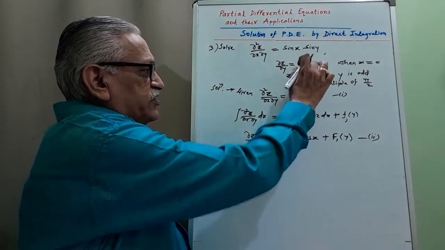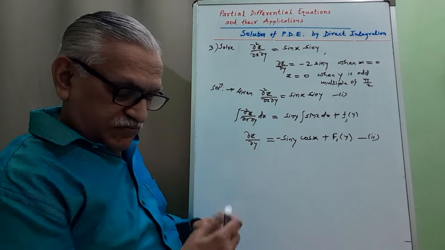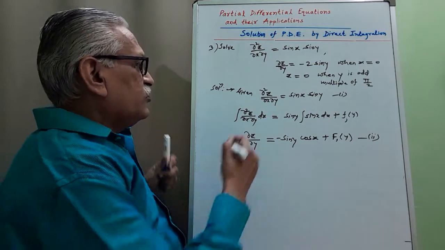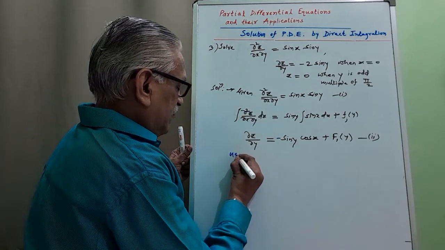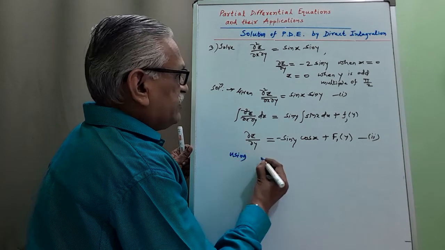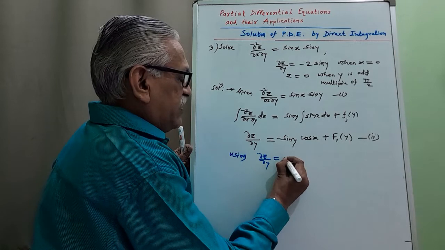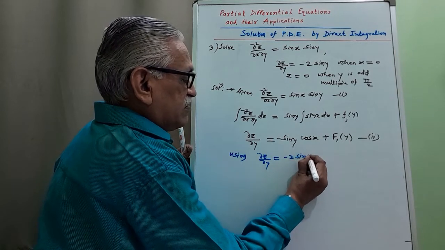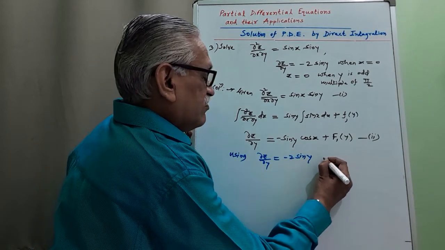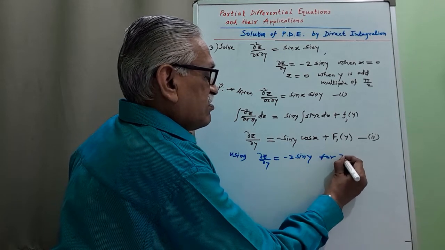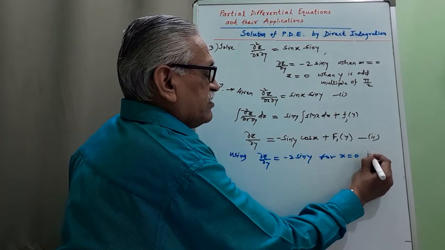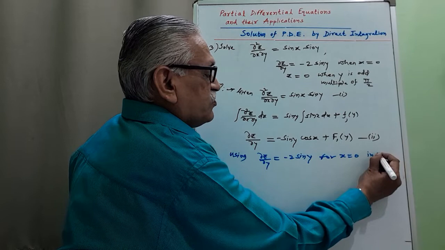Then we use this condition, ∂z/∂y is equal to minus 2 sin y for x is equal to 0 in equation 2.